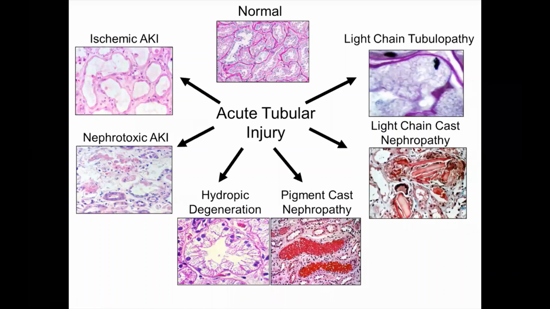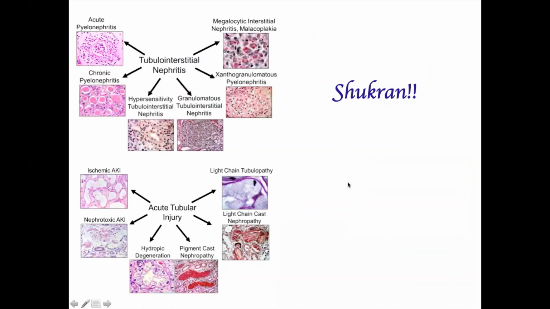As I told you, they injure epithelial cells, irritating them from the inside. How do we differentiate between myeloma casts versus myoglobin? Myoglobinuria, how do we differentiate between these two?